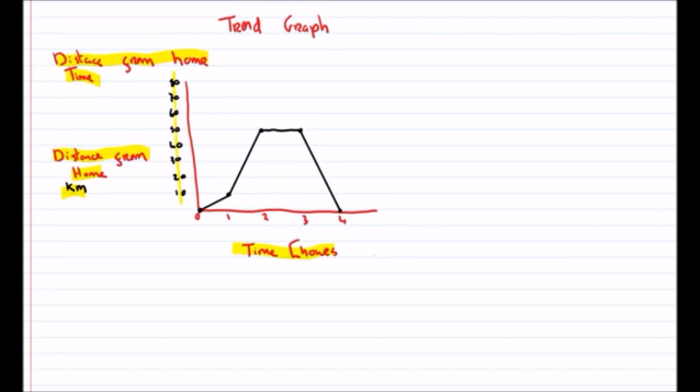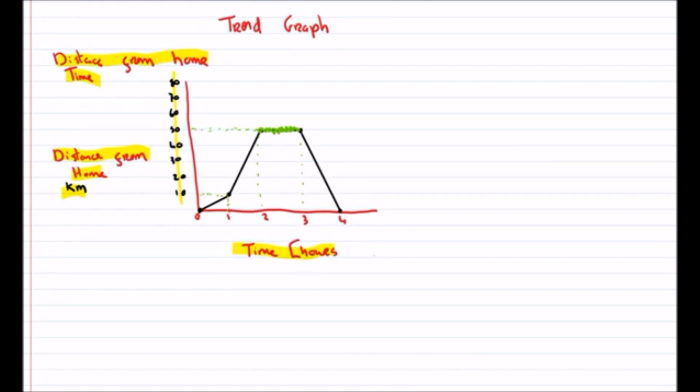So, for instance, after 1 hour, if we go up like that, I can see that they were 10 kilometers from home. And after 2 hours, then they were 50 kilometers from home. And look at this, after 3 hours they were still 50 kilometers from home, which means they must have just stopped and had a break there.